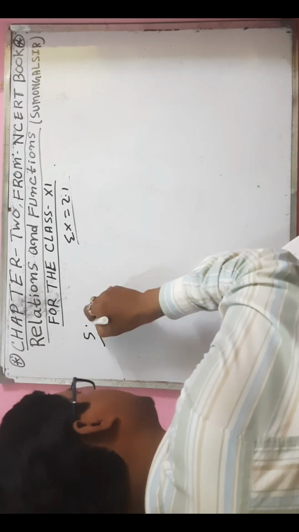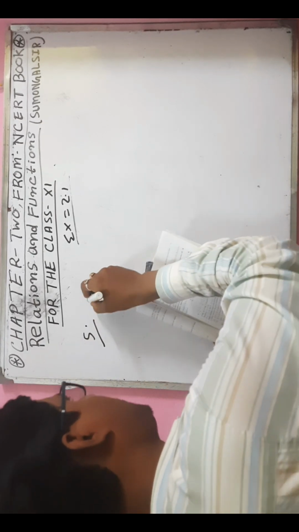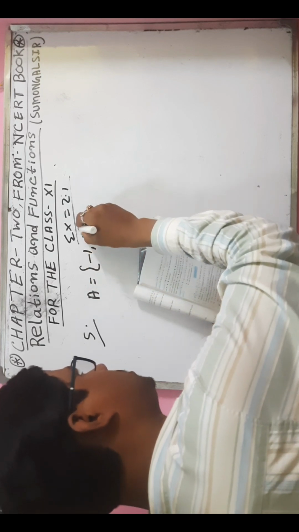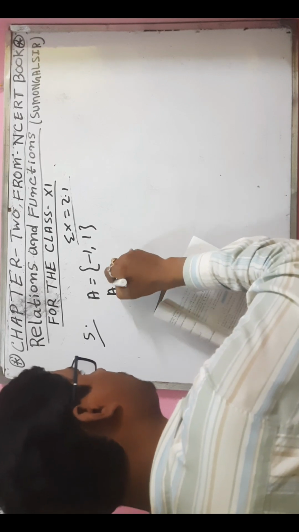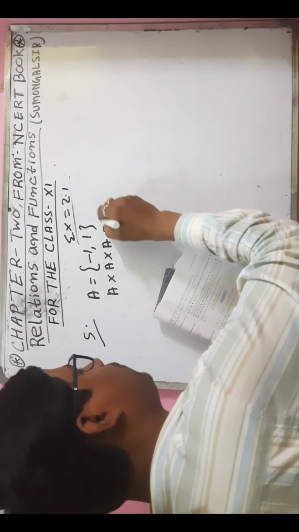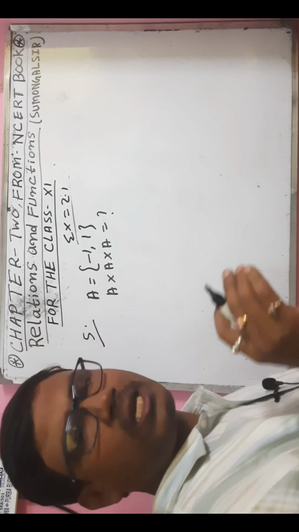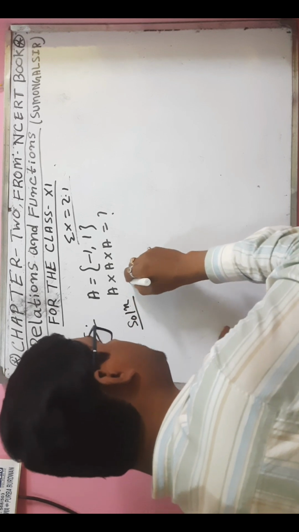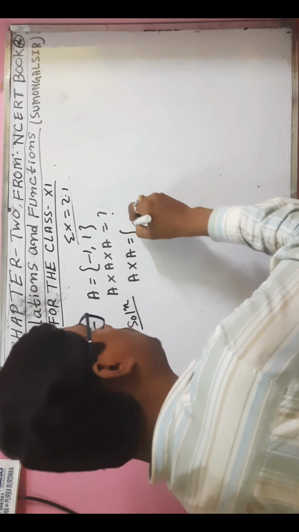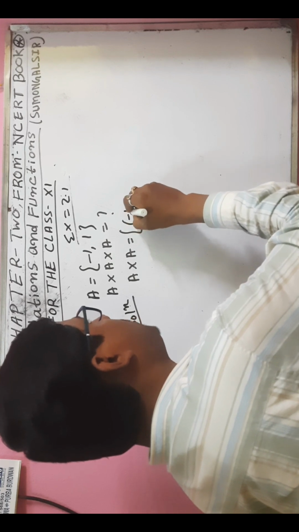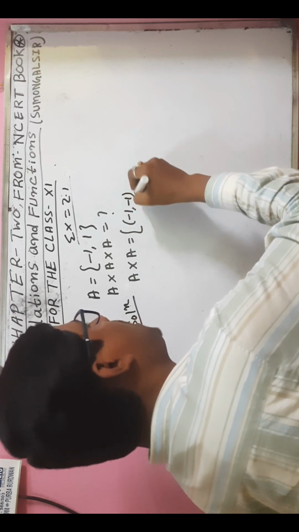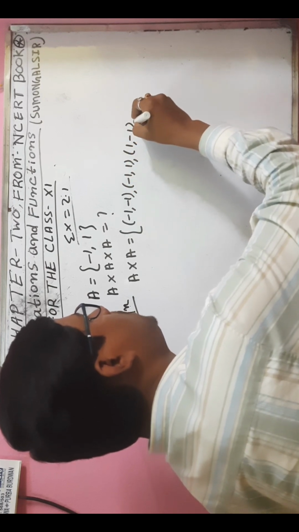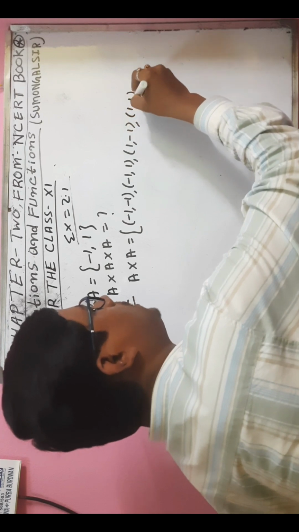Question number 5 says that A is a set and the elements of A are this. Then find A cross A cross A. So by the definition, in the solution part, A cross A will have the elements (-1, -1), (-1, 1), (1, -1) and (1, 1).